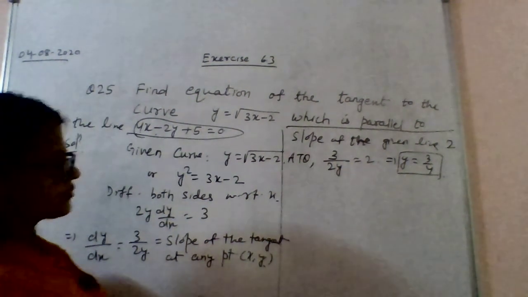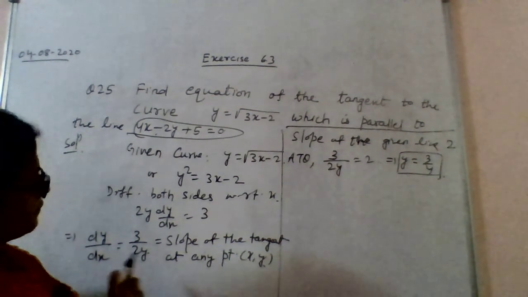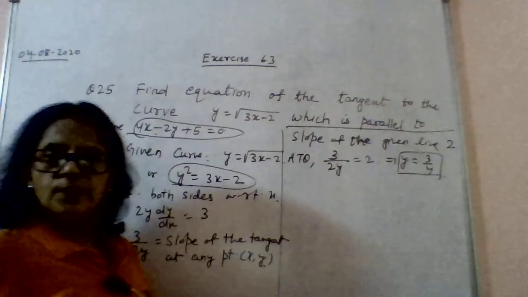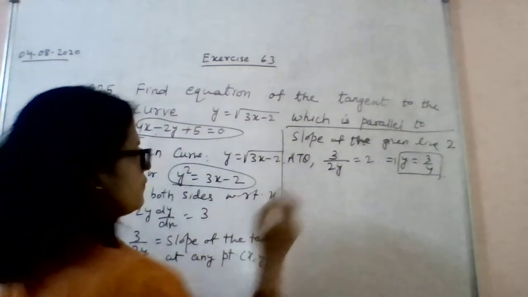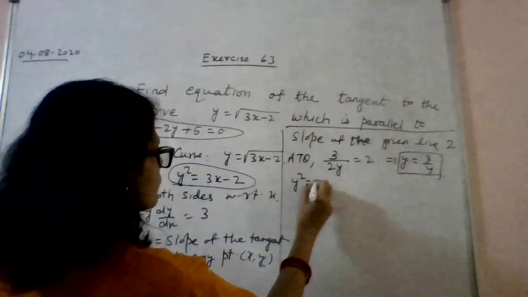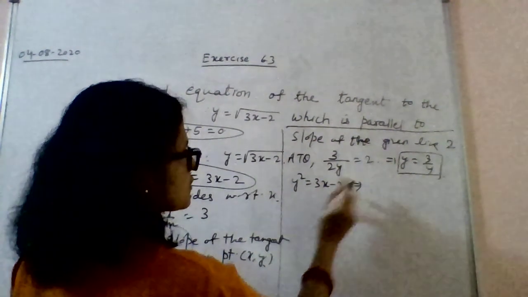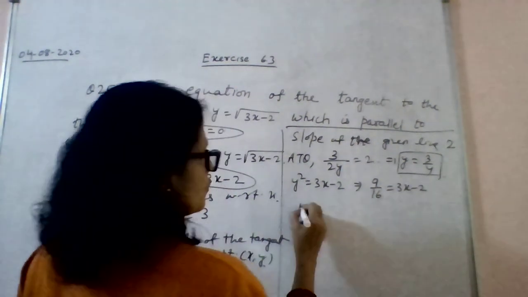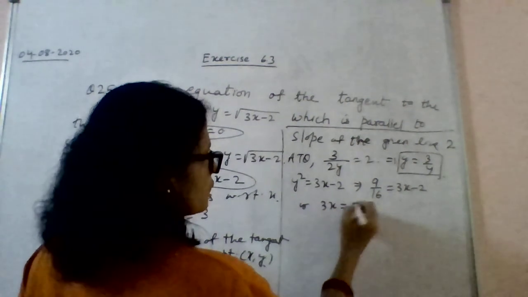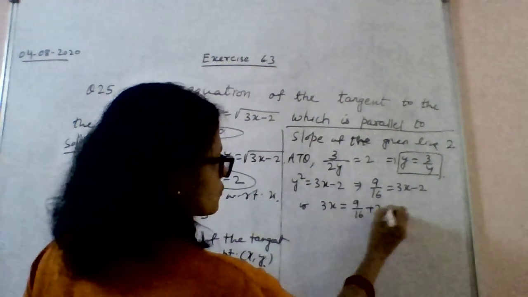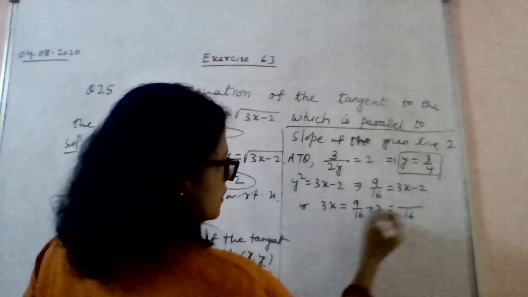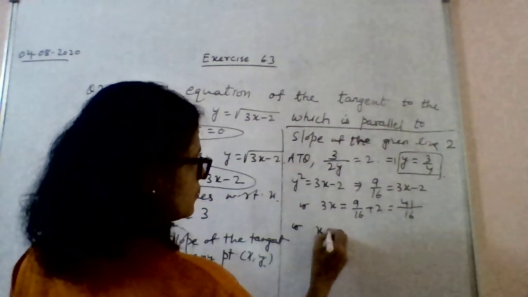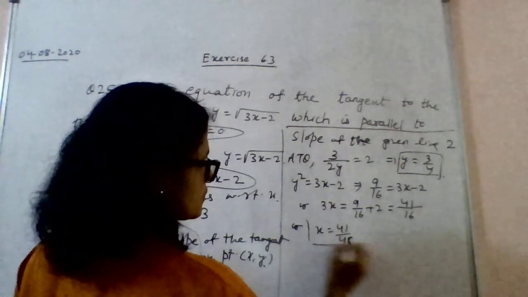Now y is 3 by 4, so what will be x? As we have y square equal to 3x minus 2, and the point of contact satisfies the equation of the curve, this implies 9 by 16 is 3x minus 2, or you can say 3x equal to 9 by 16 plus 2, that is equal to 41 by 16, or x equal to 41 by 48.